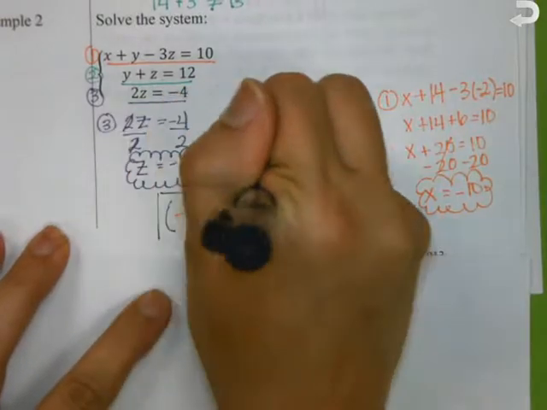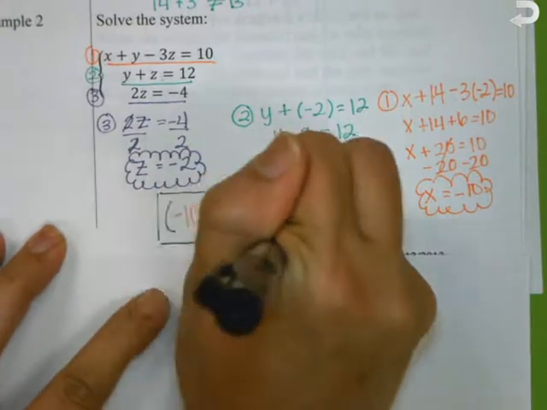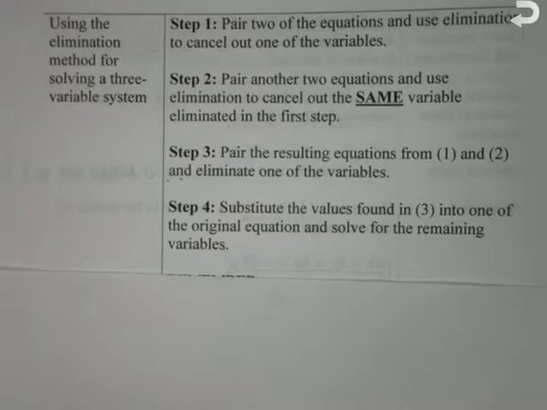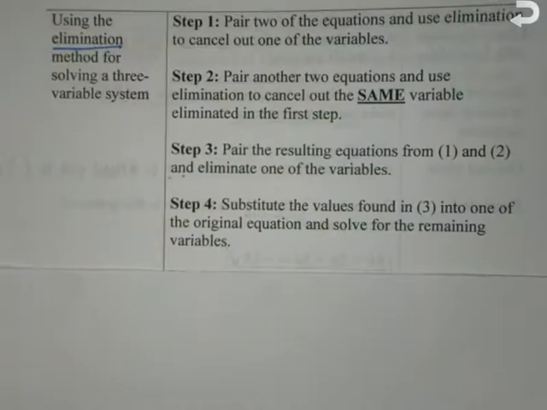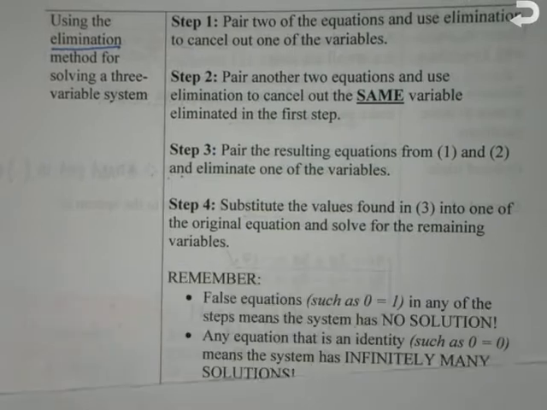So what if it doesn't all work out as nicely as it did in the previous example? We're going to have to use the elimination method. So just underline elimination so you know what method we're using. We can use the elimination method because sometimes our equations, and if you look at example 3, the variables don't always just stagger down.